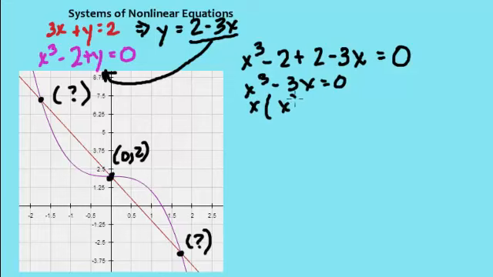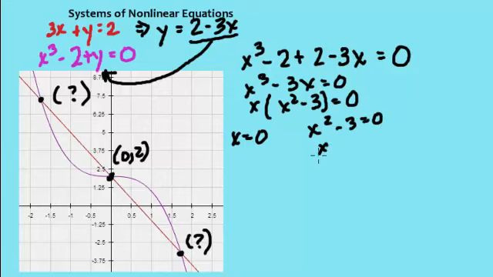X times the quantity x squared minus 3 equals 0. Looks like for my first one, I'll get x equals 0 as an answer. I knew that. This guy right here. Let's solve this a little bit. X squared minus 3 equals 0. X squared equals 3. X equals plus or minus square root of 3.